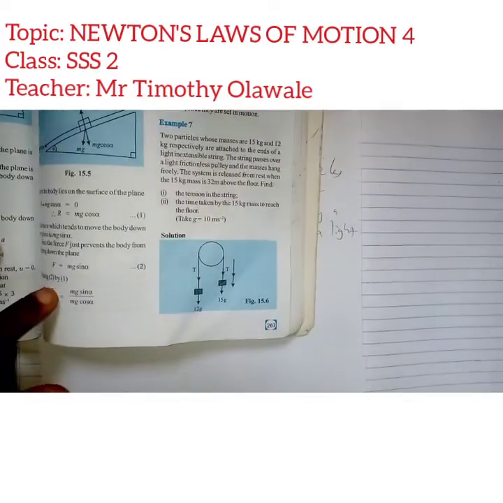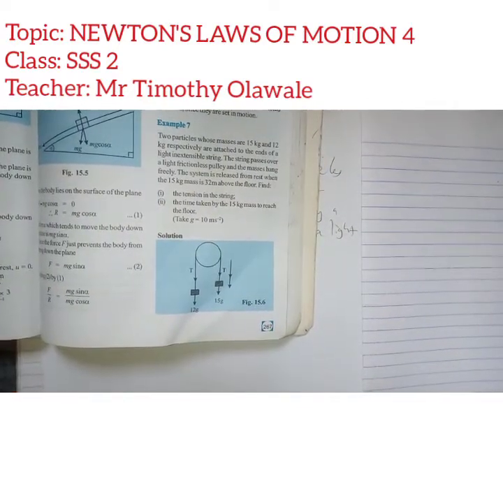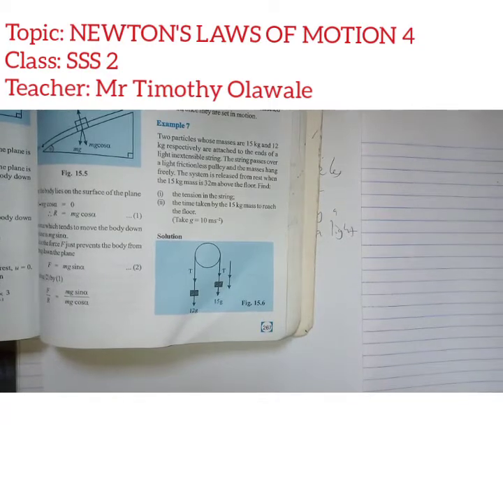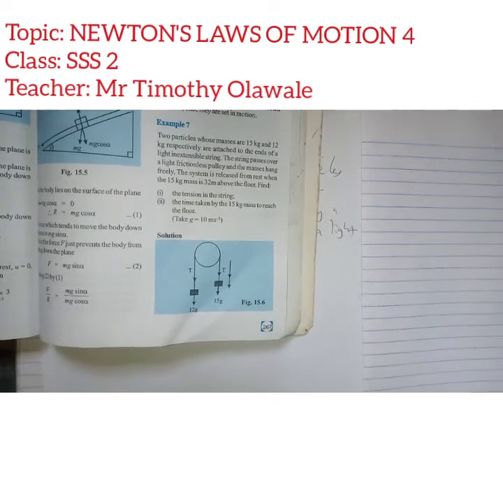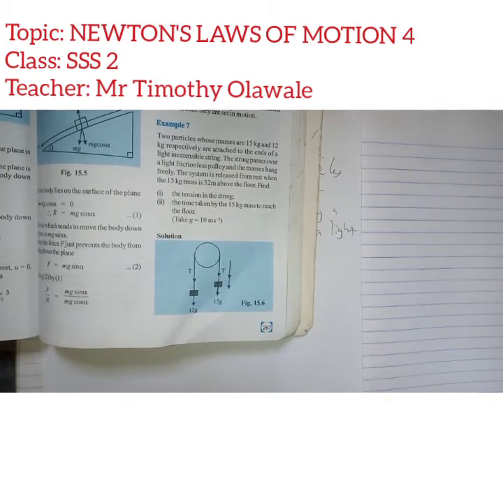Now look at example 7. It says two particles whose masses are 15 kilogram and 12 kilogram respectively are attached to the ends of a light inextensible string. The string passes over a light frictionless pulley and the masses hang freely.